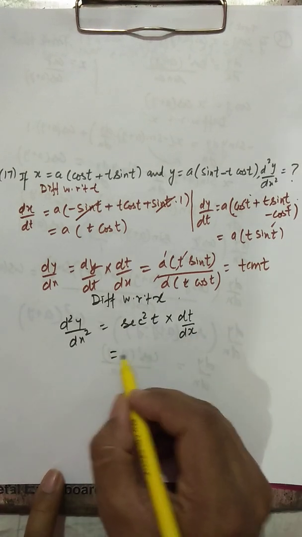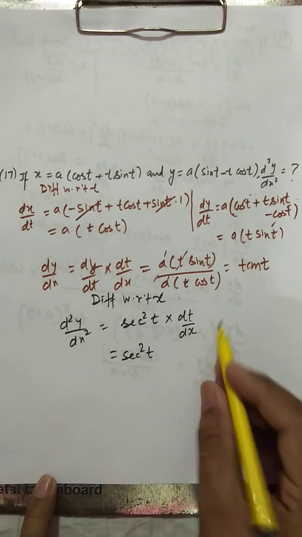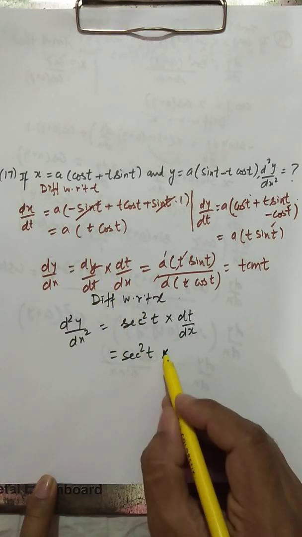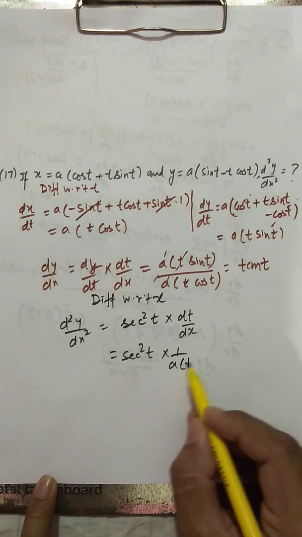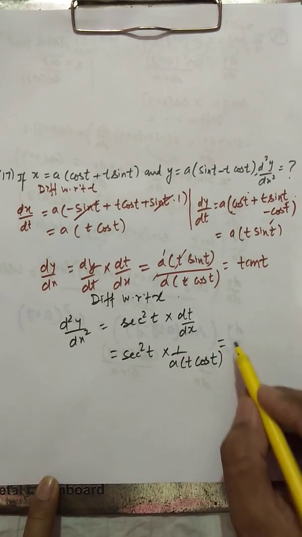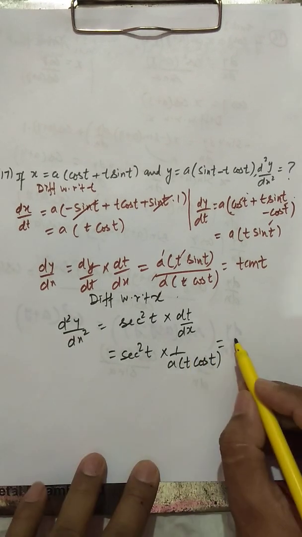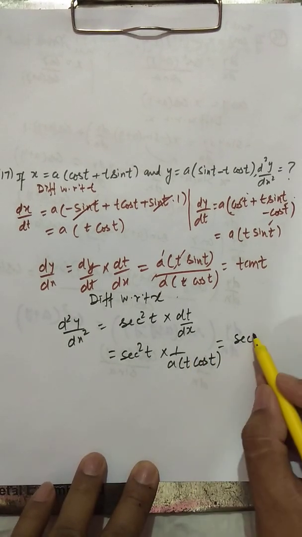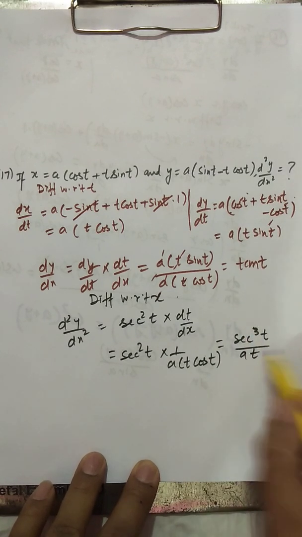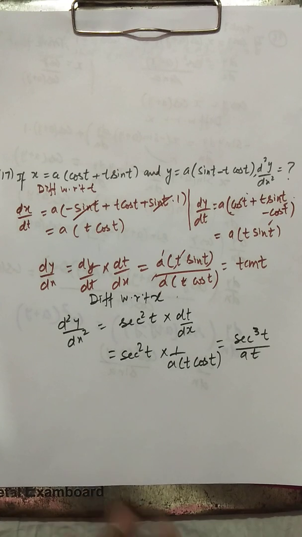Finally we have to substitute the value of dt upon dx, which you can see is 1 upon a t cos t. So ultimately you can write that this will become sec cube t upon a t. So this is the final answer.